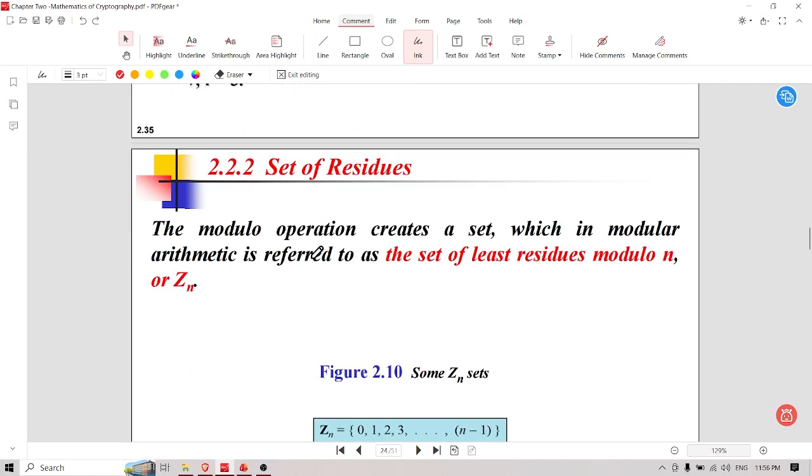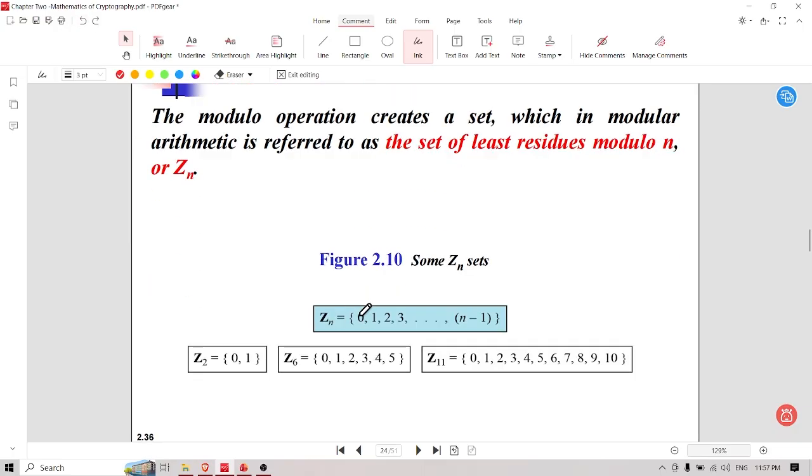Now set of residues. The modulo operation creates a set, which in modular arithmetic is referred to as the set of least residues modulo n, or Zn. Zn will start from 0 to n minus 1.